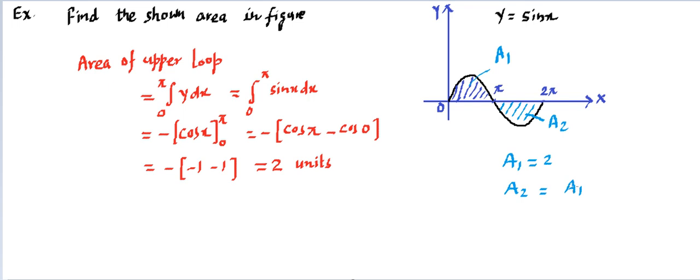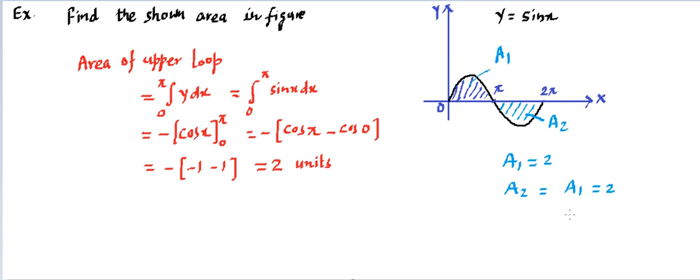But there's going to be one difference, because whenever we go for this integration, it will give us a different value. In integration we integrate y, and if this loop or graph is downside, then you'll find y will come out negative. Then that will give us a negative area. But if we are finding the total area magnitude-wise, A2 and A1 are going to be equal and they are going to be 2.